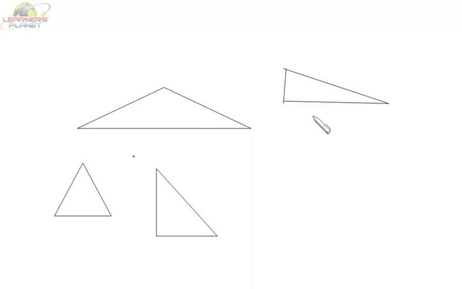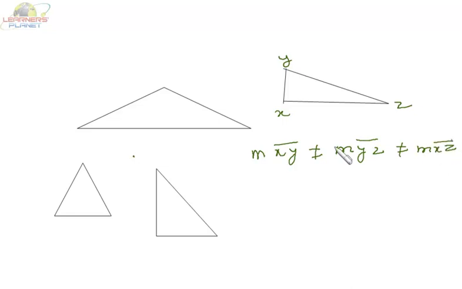Now, in this case, all the three sides are having different lengths. Suppose it is X, Y, Z. So, measure of XY is not equal to measure of YZ, and that is also not equal to measure of XZ. That means all the three lengths of this triangle are different from each other.